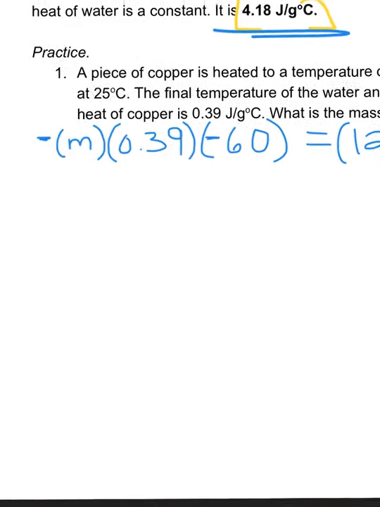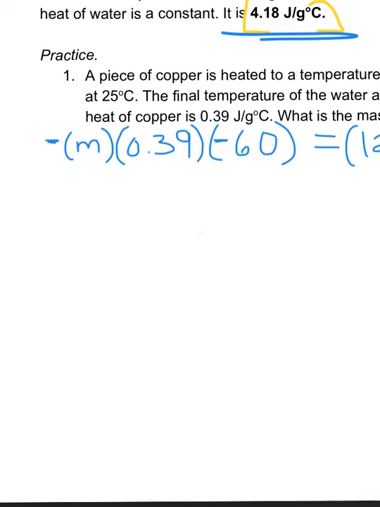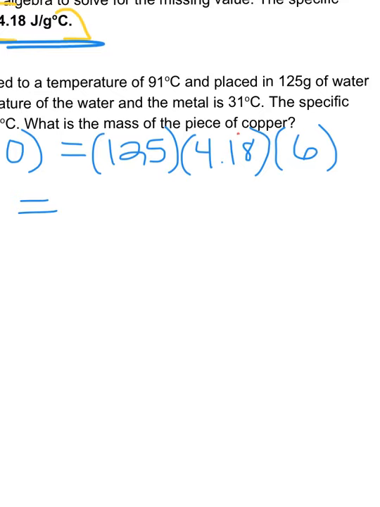So, working out this math over here, we're going to multiply 0.39 and negative 60, and then the negative signs are going to cancel each other out, so we end up with 23.4 m. Okay, and then over here, multiplying these three numbers together, we're going to end up with 31.35.